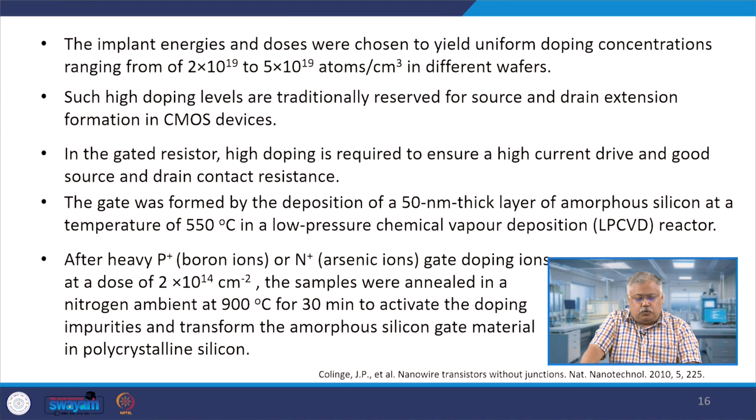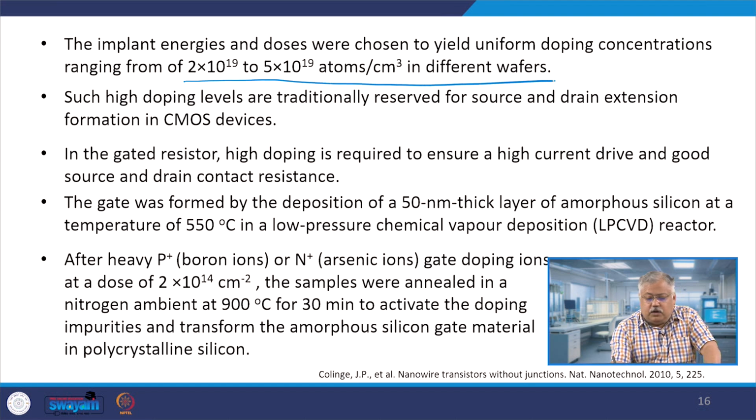Now typically we have taken it from this research paper that the implant energies which you use for the Gaussian implants should give a uniform doping concentration ranging from 2 x 10^19 to 5 x 10^19 atoms per centimeter cube for different wafers, and such high doping levels are traditionally reserved for source and drain doping in the conventional CMOS process. In the gated resistor, the high doping is required because you require a high current, right? And you understand the point, no?